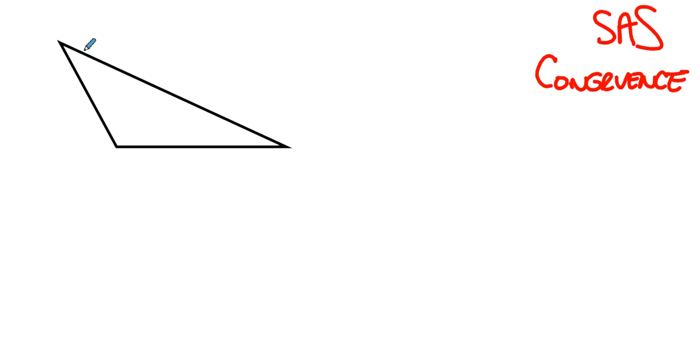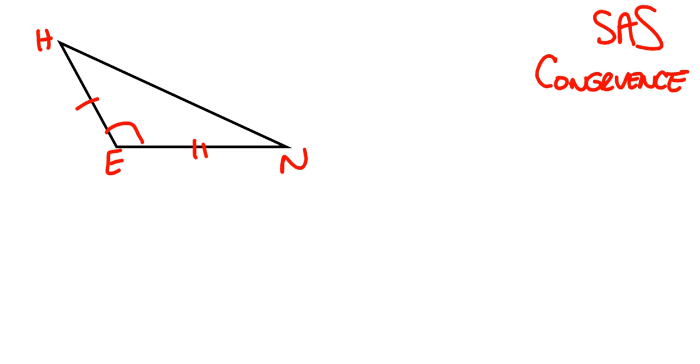This is triangle HEN, so we're going to copy HE and EN and this angle that's between them.